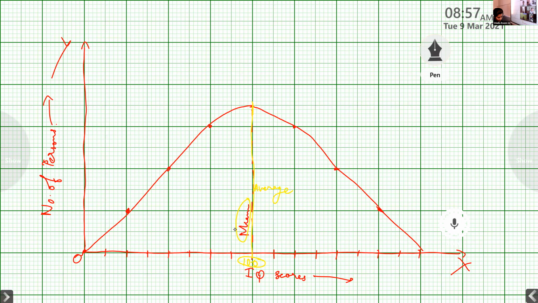Now, the average value of the intelligence score is 90 to 109, or generally we say 90 to 110.